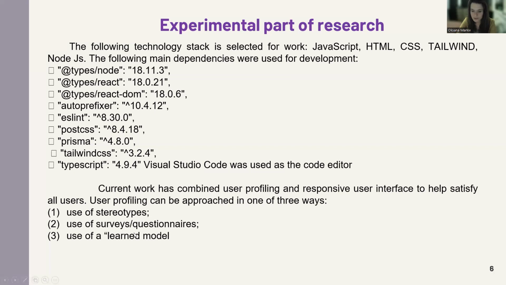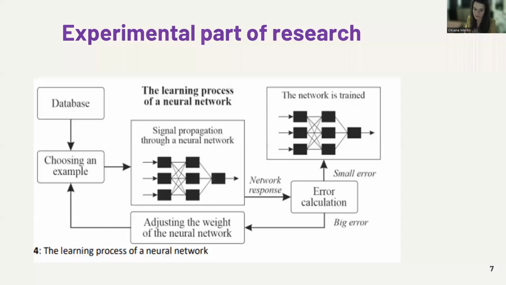The first two approaches rely on traditional marketing techniques using known information, and the third is of our interest. It involves creating a system that initially doesn't know its users, but develops a profile based on interactions.